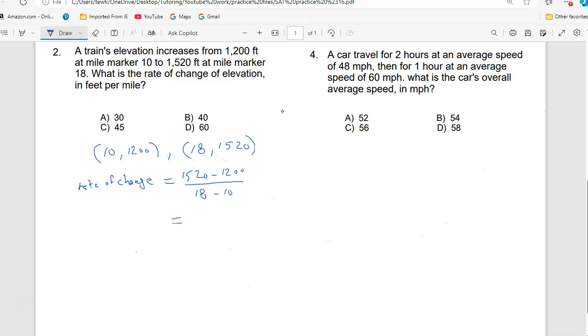If you subtract, you should get 320 over 8, and that gives you 40. So the rate of change is 40, which is choice B.